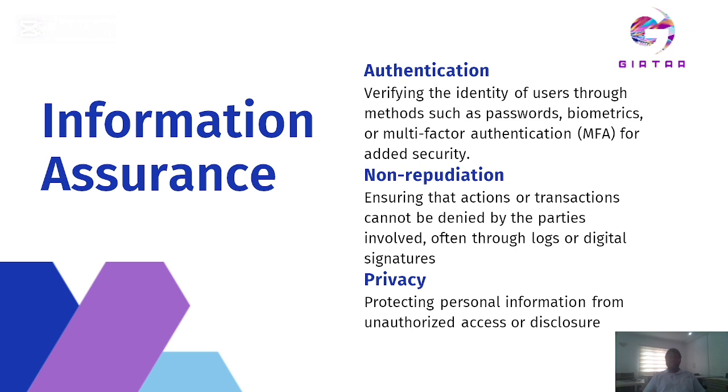So authentication and privacy fall under the same niche, which is confidentiality. Are we following? Because privacy, as I said, protects personal information from unauthorized access. And that is what confidentiality is. Authentication too is verifying someone as the real owner of the data you're trying to access. So those two fall under confidentiality.